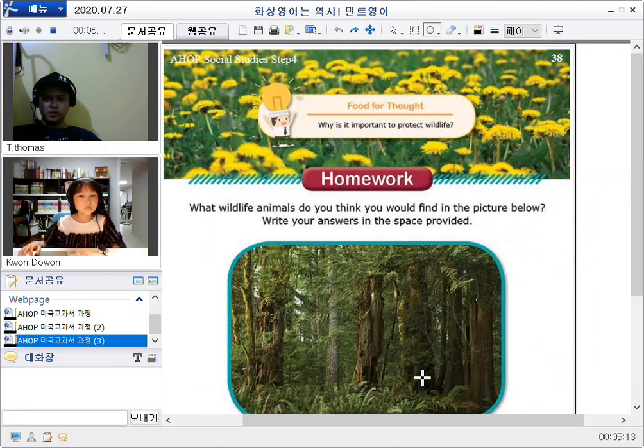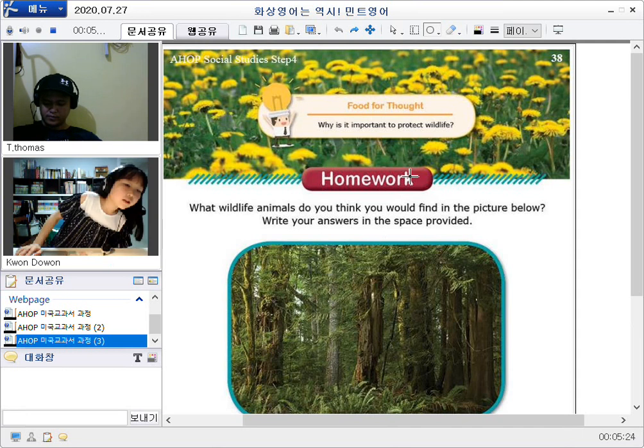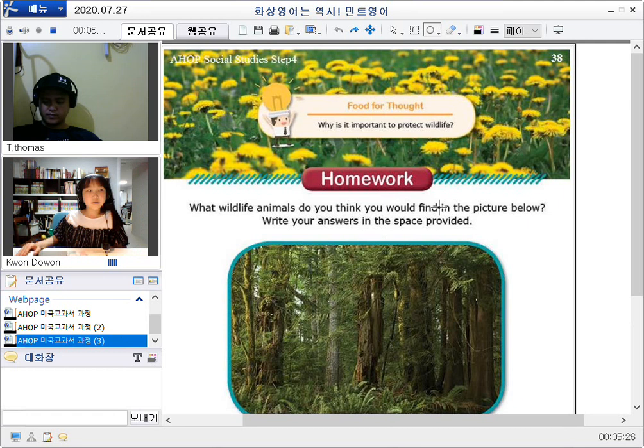Why is it important to protect wildlife? Because when there is no wildlife, we can't eat meat, and there would be no animals, so we should not hunt our wildlife animals.